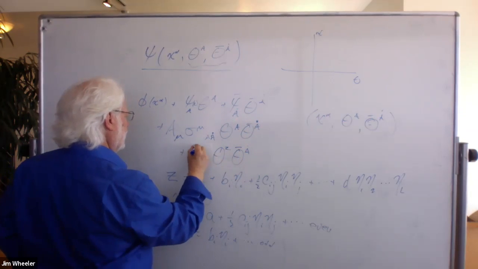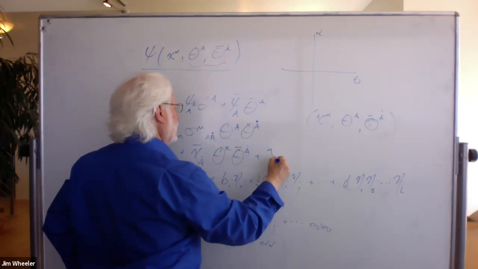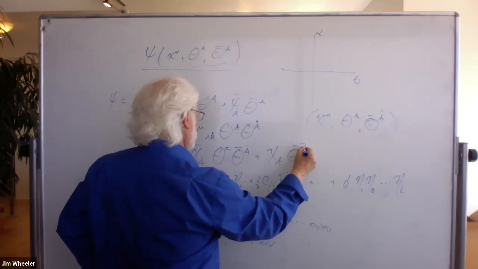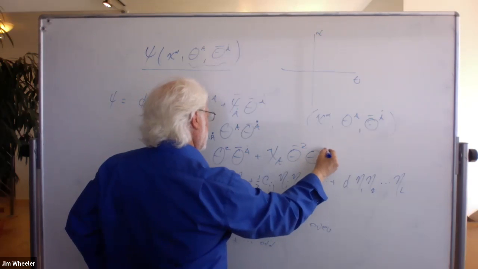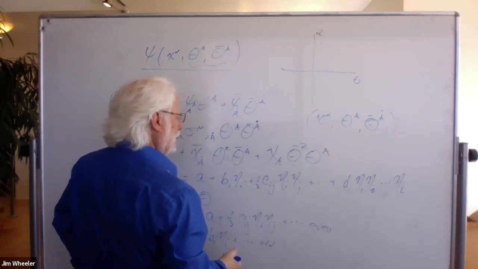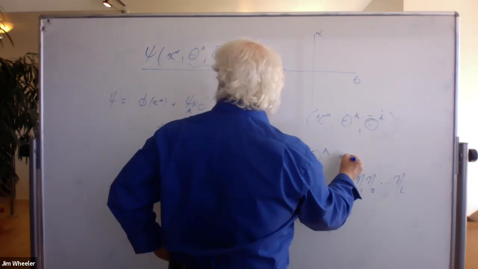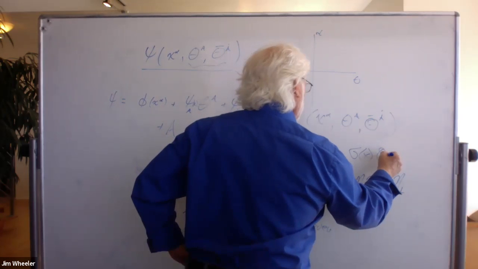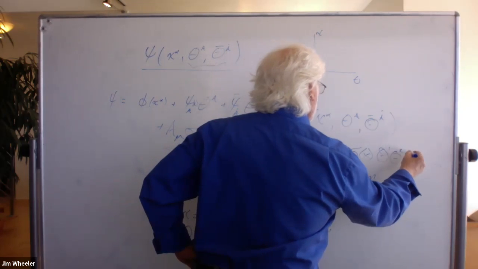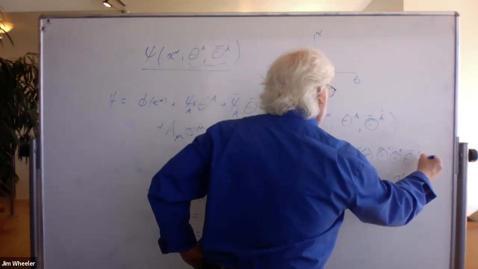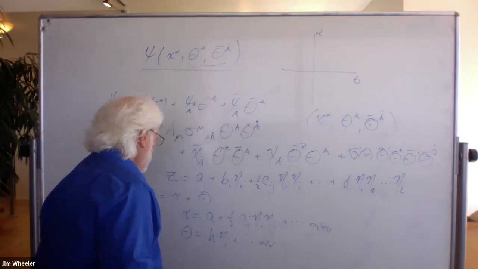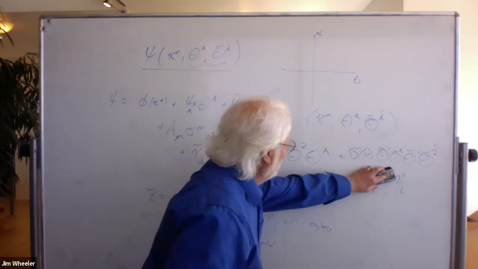Better make that a dot bar, and its conjugate, chi A, theta bar squared, theta A. And then finally, one more scalar, sigma of x, theta 1, theta 2, theta bar 1 dot, theta bar 2 dot, like that.